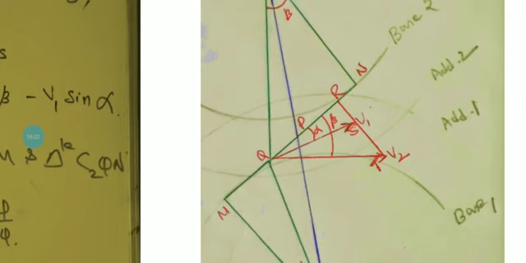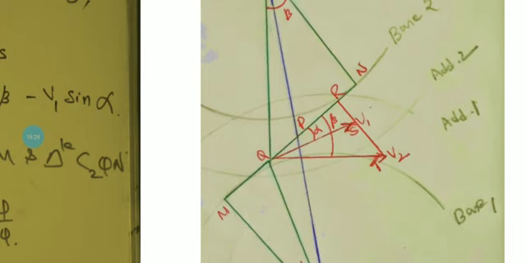Now QR is V1 cos alpha. And what is RS? Now I am introducing two more components, RS and ST. Just see the triangle. If QR is V1 cos alpha, RS will be V1 sin alpha.